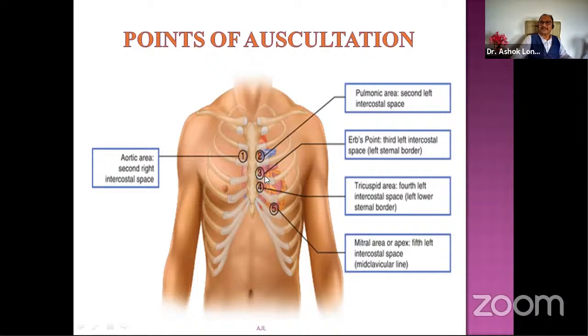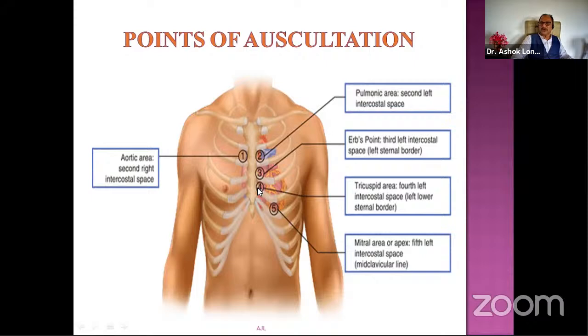You can hear exactly in the middle of the body of the sternum, the lub-dub. These are points where you can hear systolic and diastolic sounds nicely, S1 and S2 both.